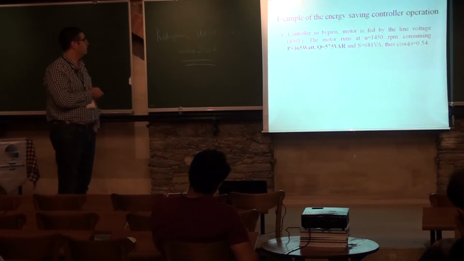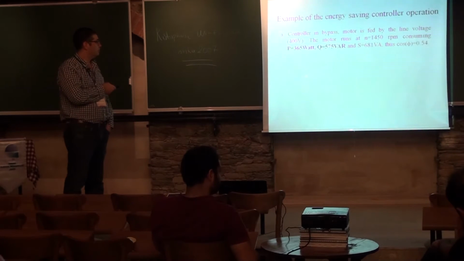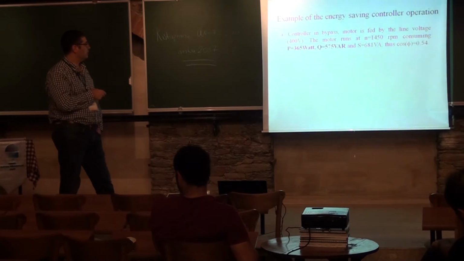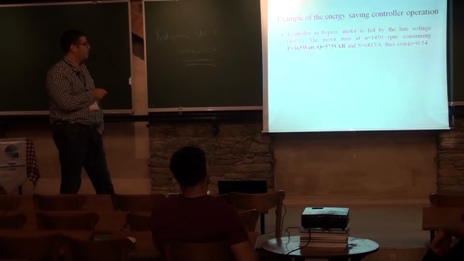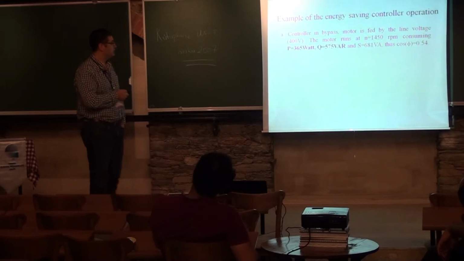For example, we had here this controller applied to a fractional power machine. It's a small motor. Without the controller, it ran at 1450 RPM, consumed 365 watts and that many volt-amperes, and the cosine phi is quite low. And then we ran it with the same load, the same machine, with this efficiency controller.